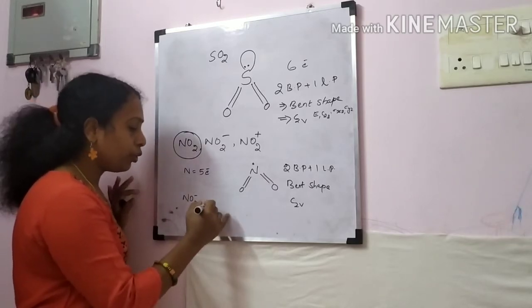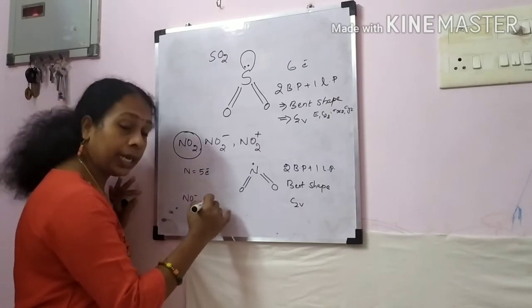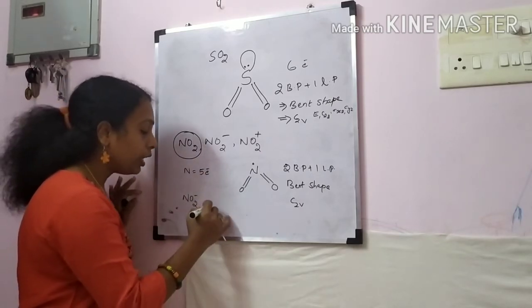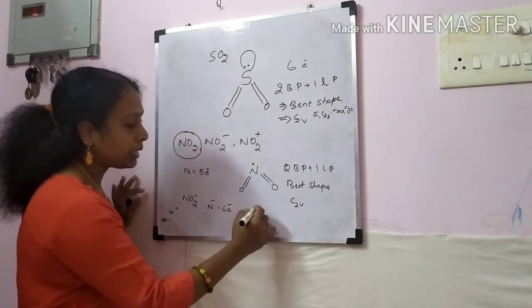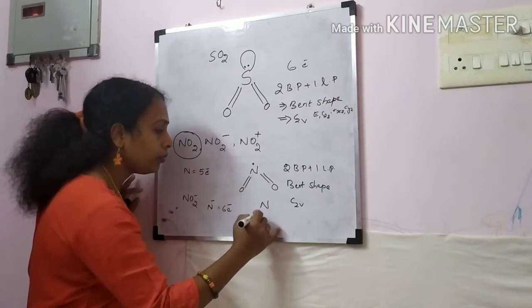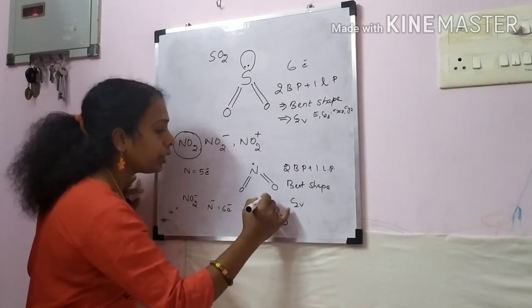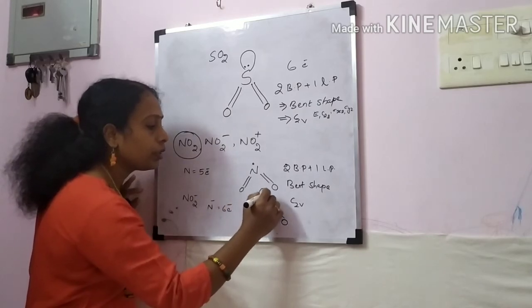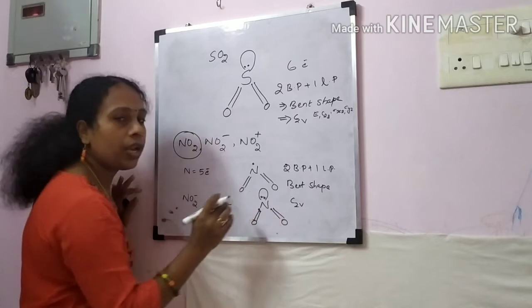If you see NO2 minus, nitrogen is N minus. Neutral nitrogen family has 5 electrons. If it is N minus, it has 6 electrons. So 2 bond pairs and 1 lone pair.